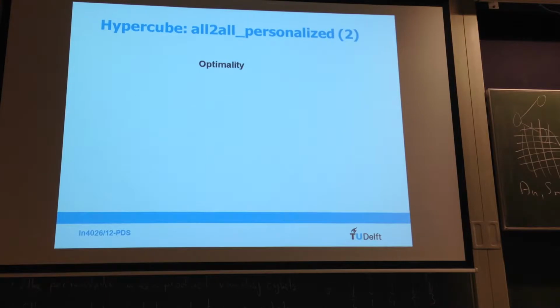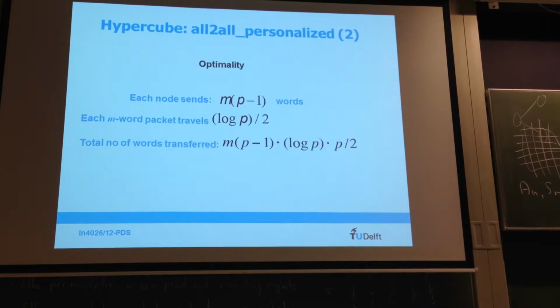Well, we can do the same argument. Each node sends m times p minus 1 words to half the distance, log p. So the number of words we transfer is m times p minus 1 times log p times p divided by 2. Total number of links is p log p divided by 2.